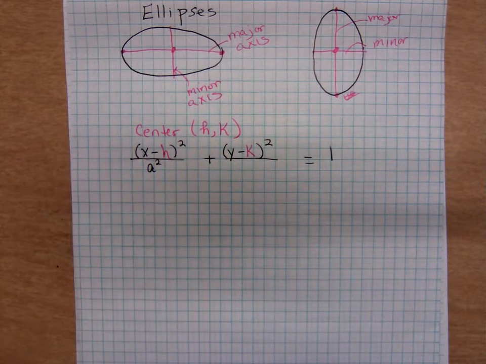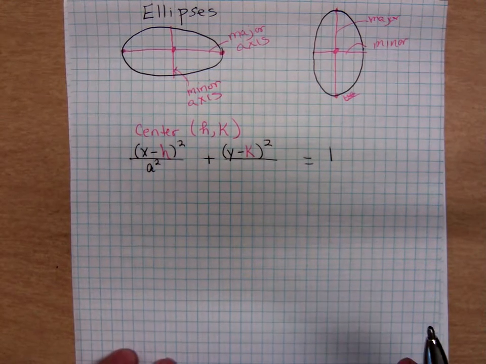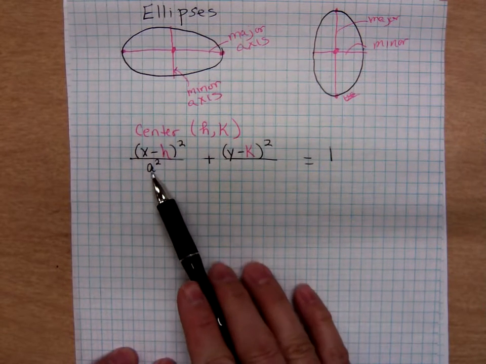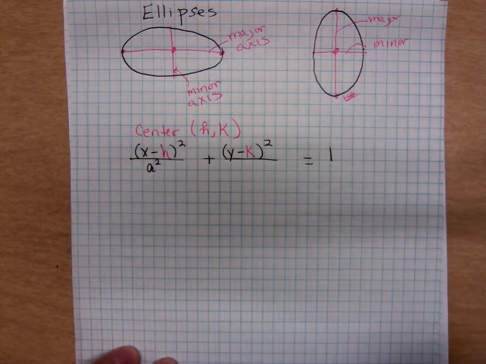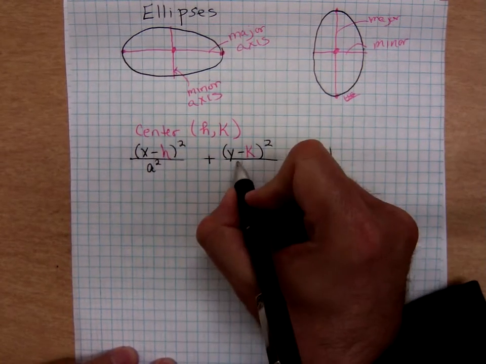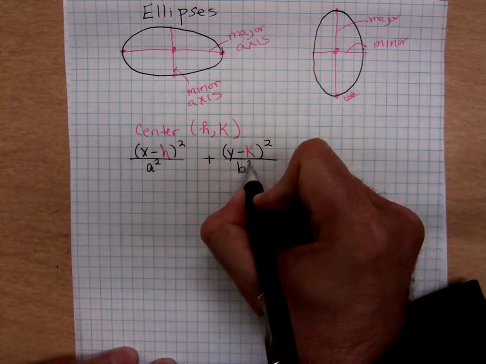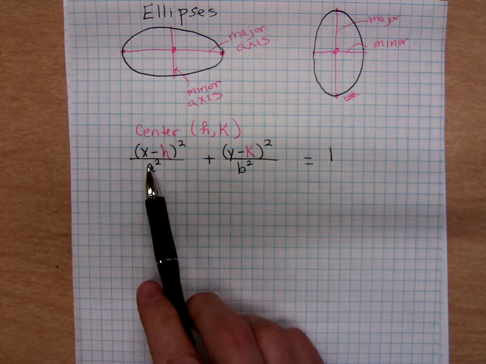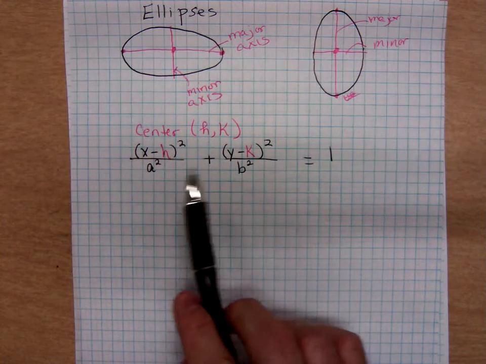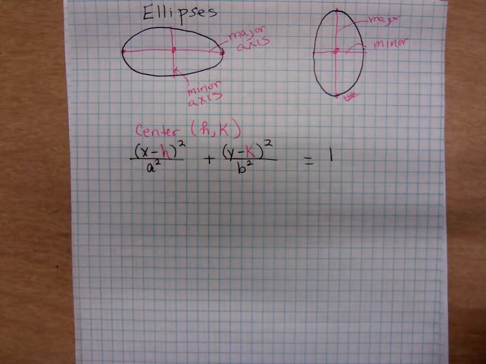Most times in books you see those numbers called a and b. Then plus (y minus k) squared all over some other number. I'll call it b squared, just to have something fill in the spaces. So these a squared and b squared are just representing some numbers.